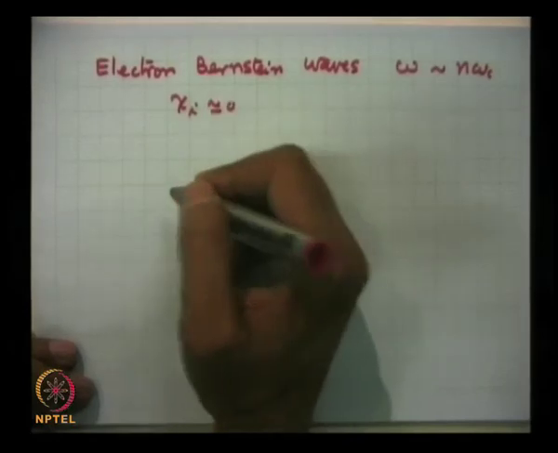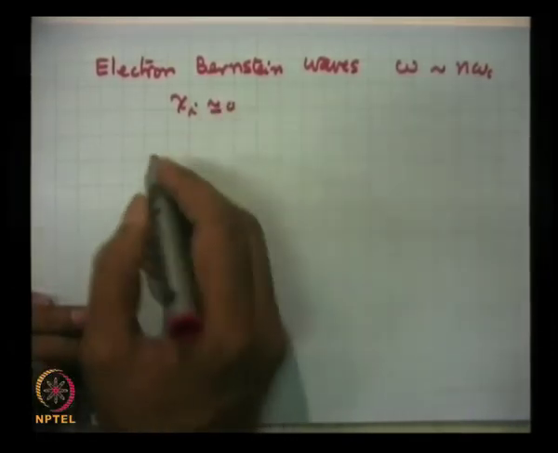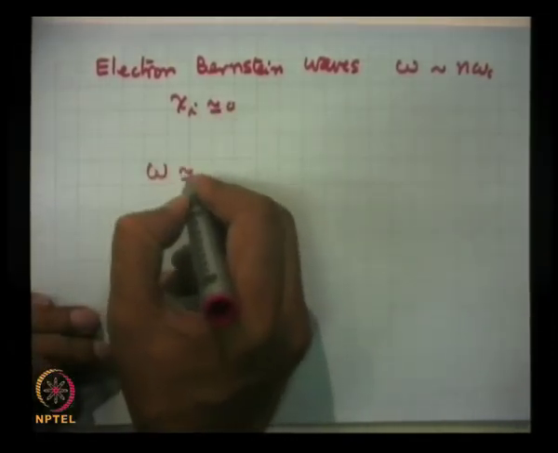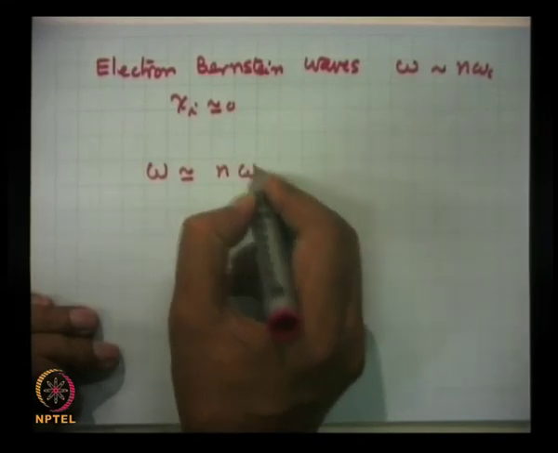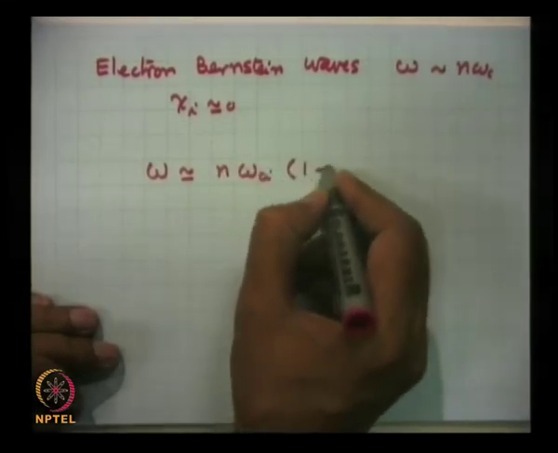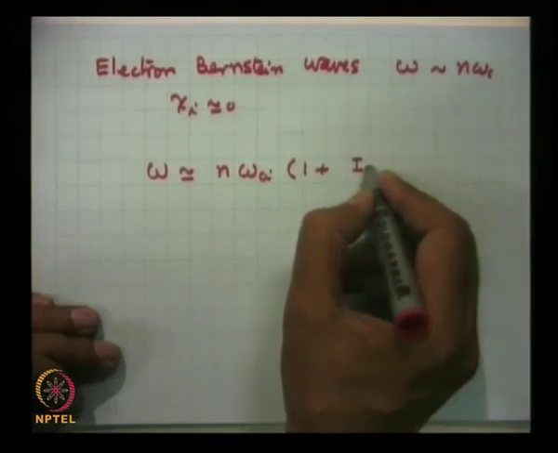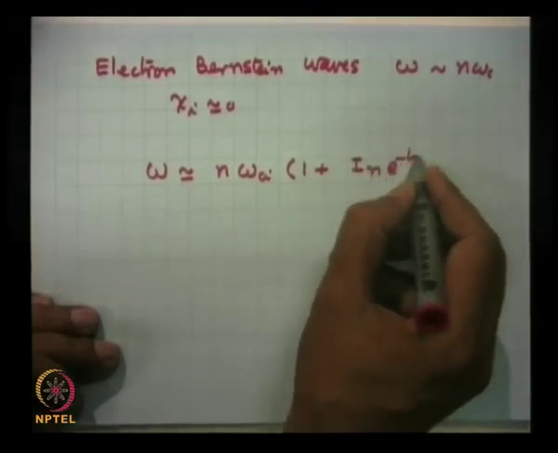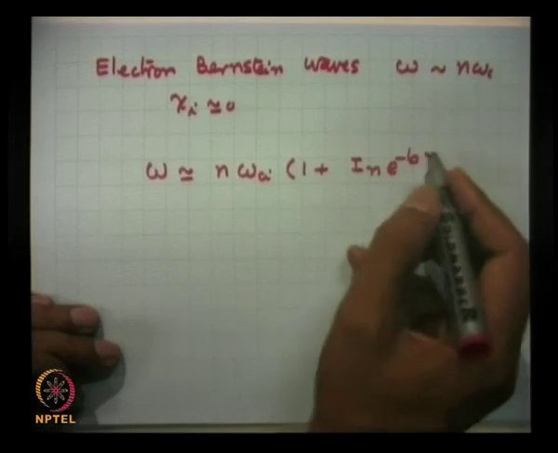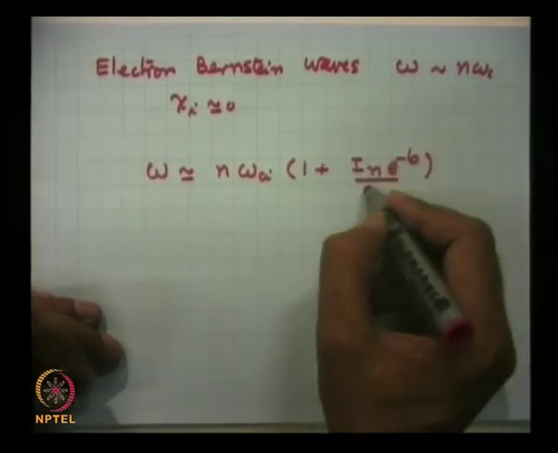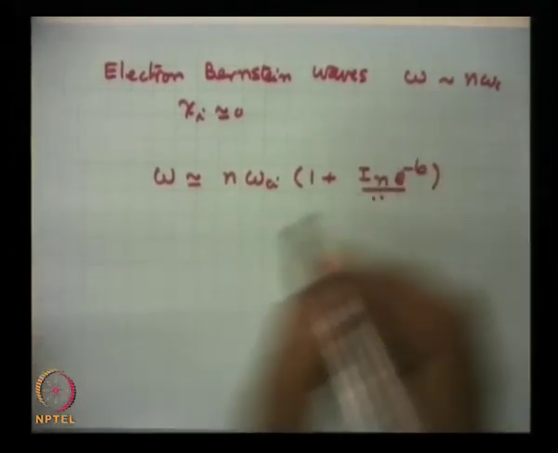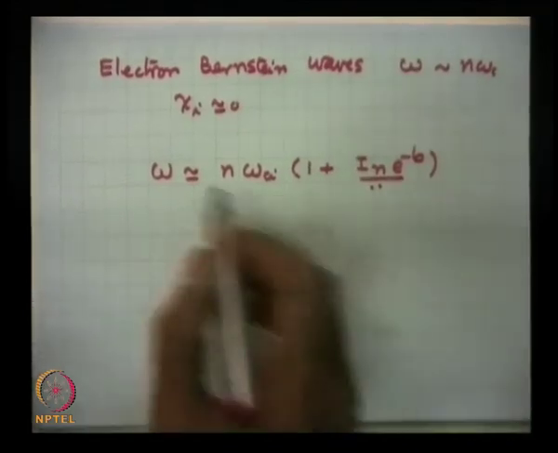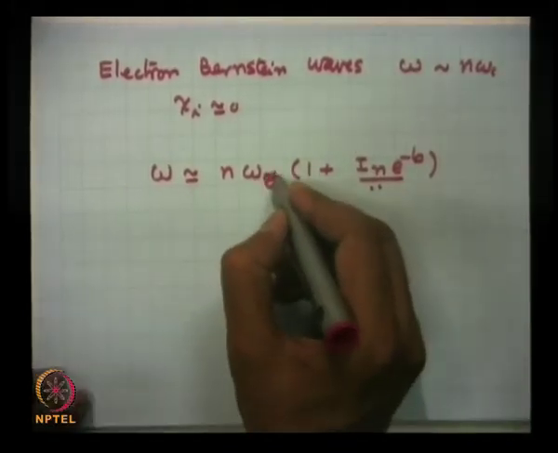You can forget this, and when you simplify this expression, omega turns out to be around some integer multiple of omega c into 1 plus I_n exponential minus b divided by some factor here. I forget the factor, but it is of order unity. This is omega c, not omega ci.